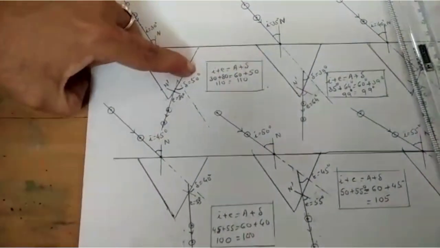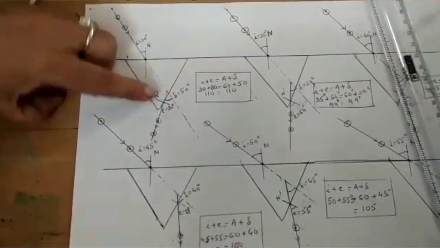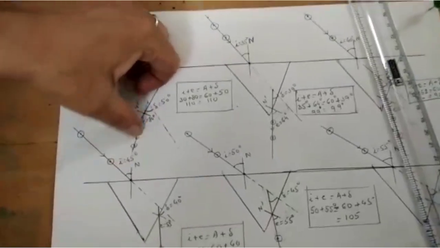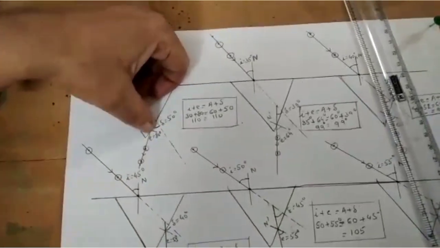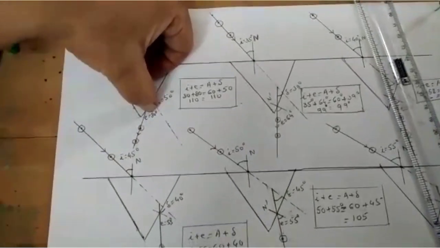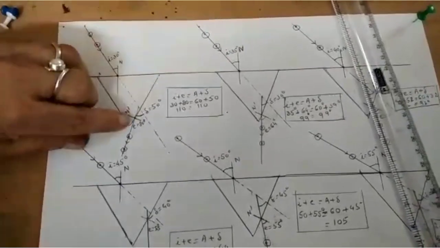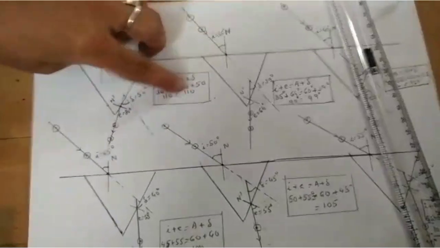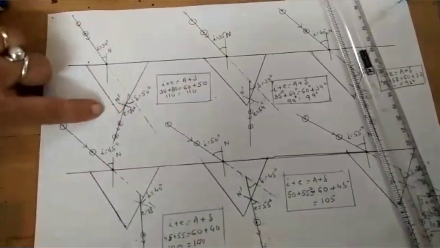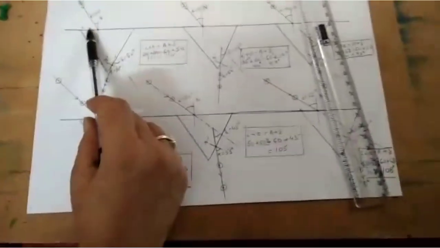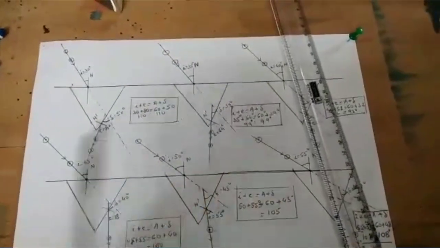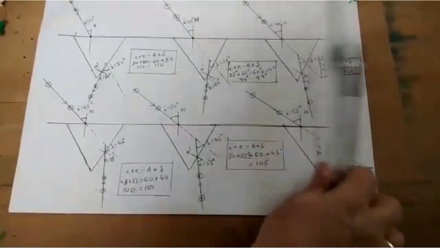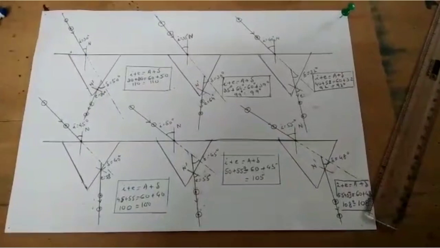This angle of deviation is 50 degrees. And here, where this emergent ray extrapolated touches, I made a normal, and this is the angle of emergence, and here I plus E is equal to A plus delta. You can see. Now for 30 degrees, for 35, 40, 45, 50, 55, I have done this. You see it very carefully.